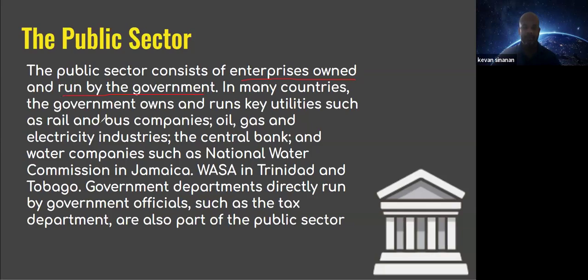In many countries, the government owns and runs key utilities such as the bus companies, the oil and gas and electricity companies, and sometimes even the banks. In Trinidad, the Water Authority, WASA of Trinidad and Tobago, is a government-owned enterprise. And that's what we call the public sector.